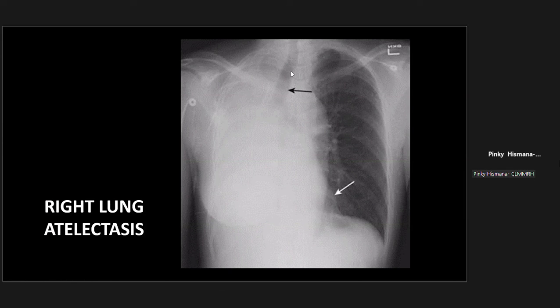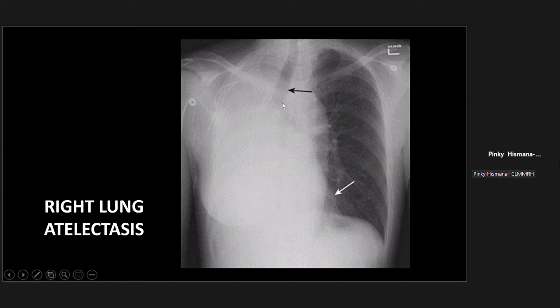So your airway here would help you in the diagnosis, given you have a condition wherein you're torn between a pleural effusion or a lung atelectasis.